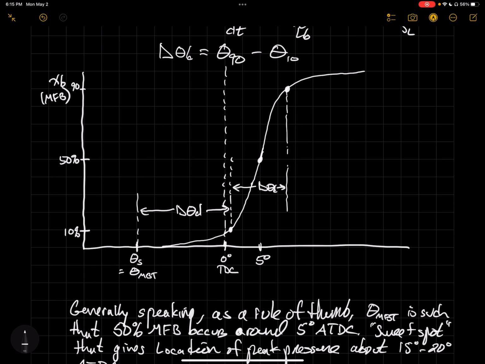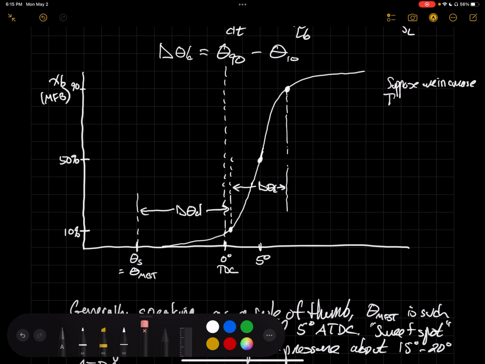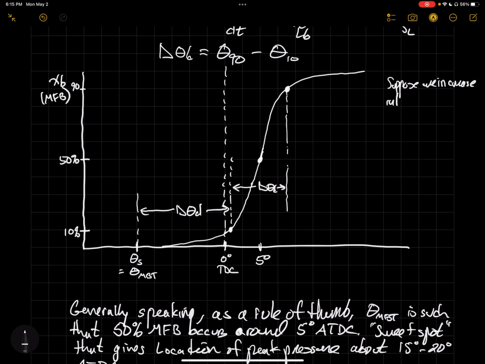Okay? So let's suppose, for example, that this is our base engine, and let's suppose that we increase our initial pressure by boosting with intercooling.